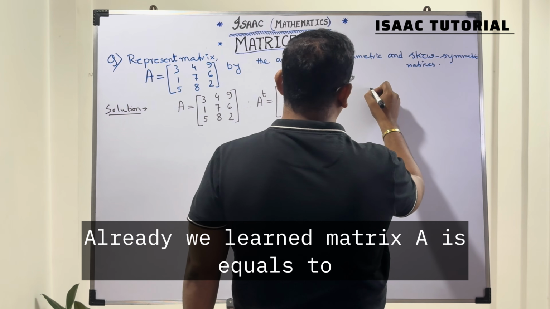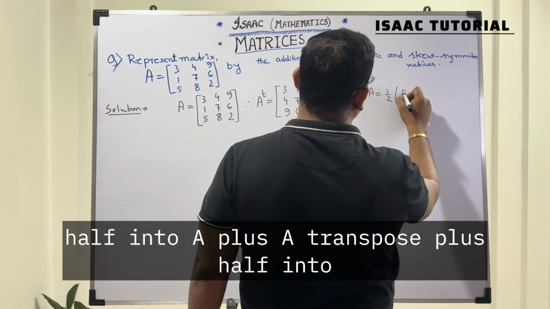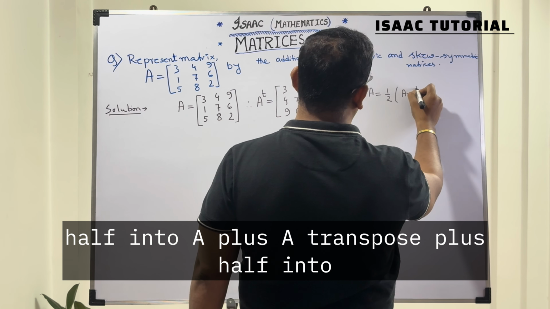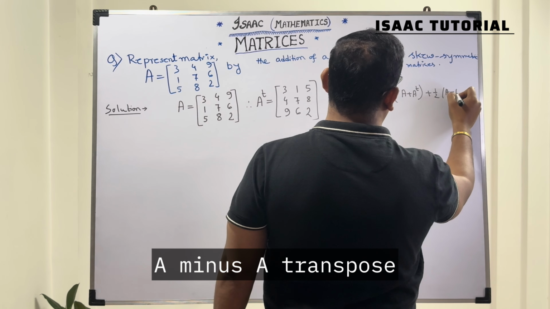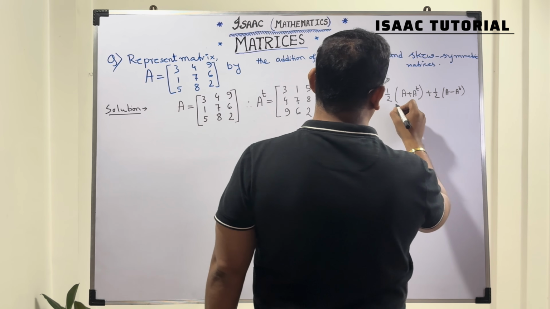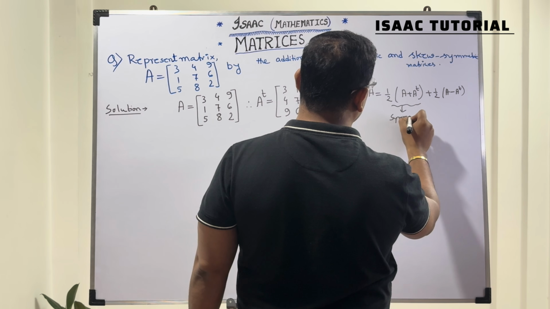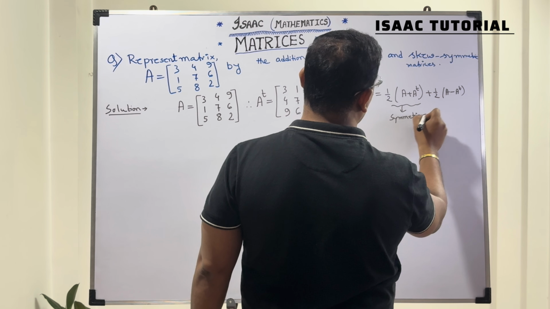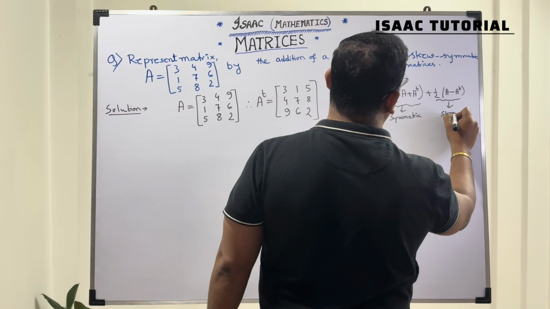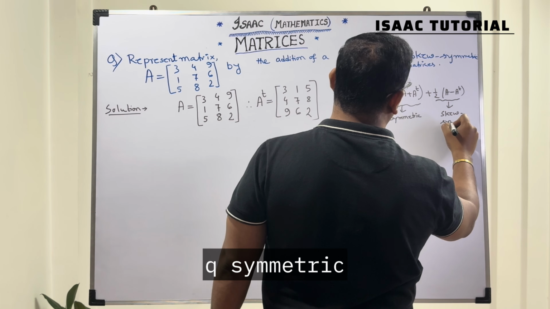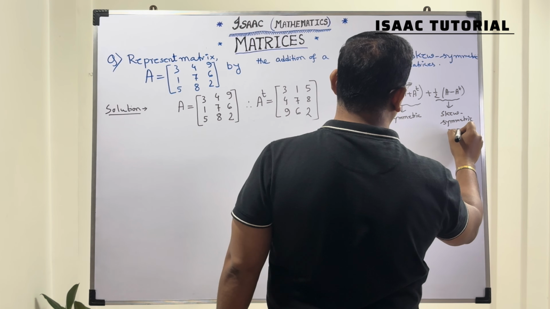Already we learned matrix A is equal to half into (A plus A transpose) plus half into (A minus A transpose), where this will give a symmetric matrix and this part will give a skew symmetric matrix.